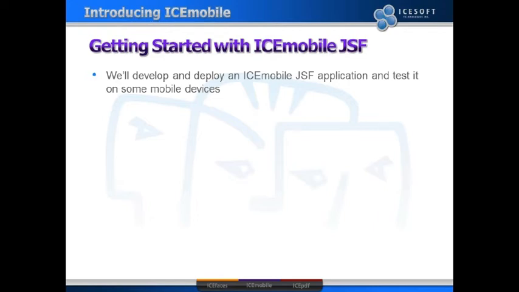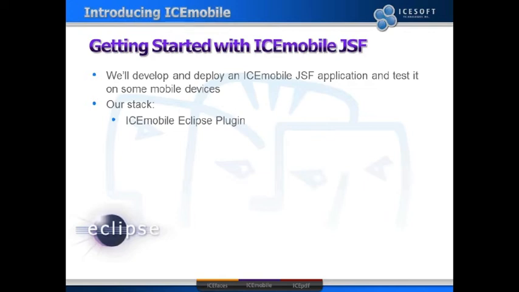We're going to be using the ICEmobile Eclipse plugin. Now we have a plugin for Eclipse, and we also have a plugin for NetBeans, as well as IBM RAD and RSA, and I believe there's also a MyEclipse plugin. So you have quite a choice there for environment support. We're going to be deploying our application on Tomcat 7.